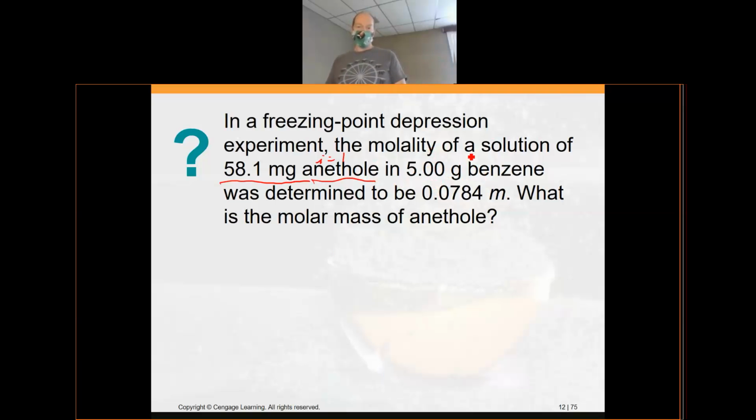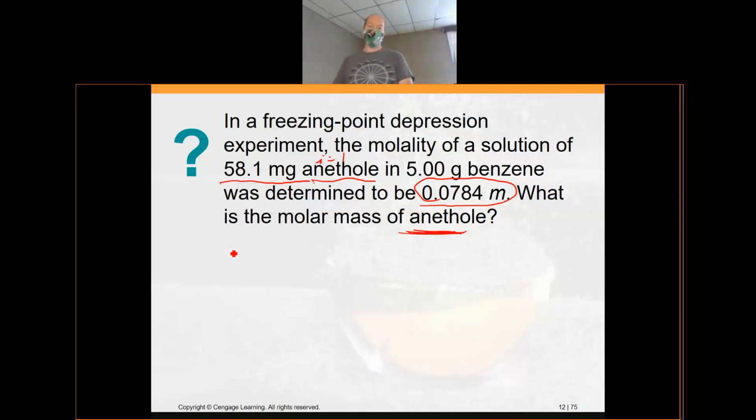All right, and so we are going to have a 58.1 milligram of this compound in 5 grams of benzene. All right, so what you then know is here's the molality. All right, now you can't look up the molar mass of this because, well, you can, you just Google it, but all right, we don't have any formula for that. So we're finding a molar mass.